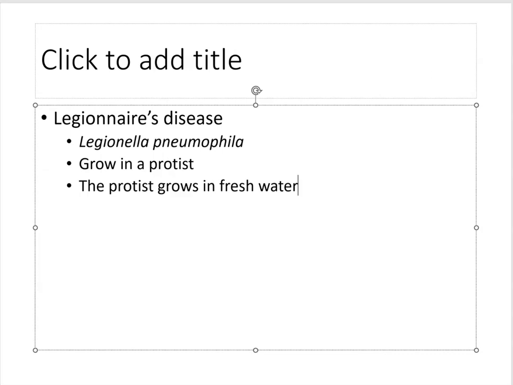It's probably been happening for hundreds of years, but the reason we found out about it is because of a convention in a hotel that had an unusually high amount of this in the air, and that convention was of older people with health problems. And so when a lot of older people in one place get exposed to a respiratory pathogen, you'll notice it. So that's Legionella and Legionnaire's disease.